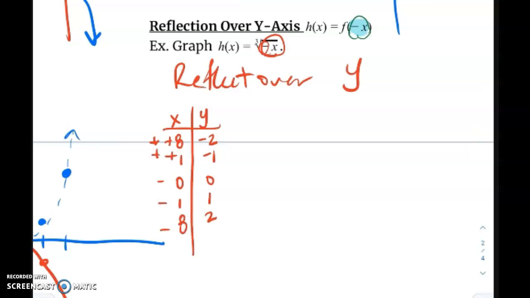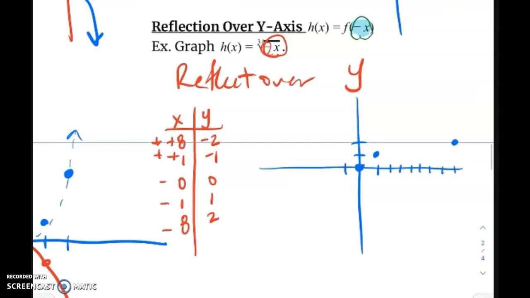Or if you want to do the graphing method with a parent graph, then you can plot your cube root, which is 0, 0, 1, 1, and then 8, 2. And we've got -1, -1, and then -8, -2. That is your parent graph. And then you reflect over the y-axis.